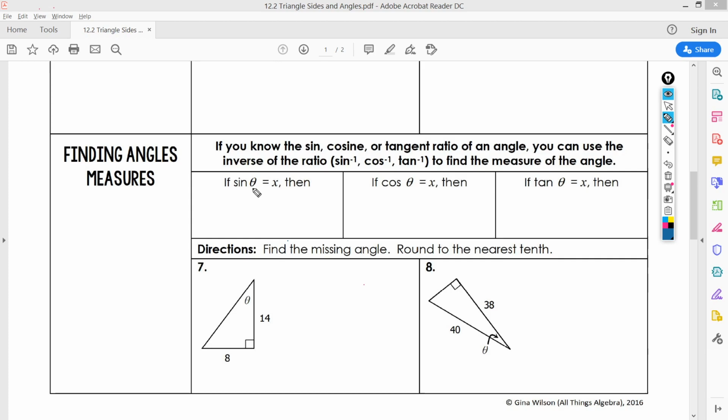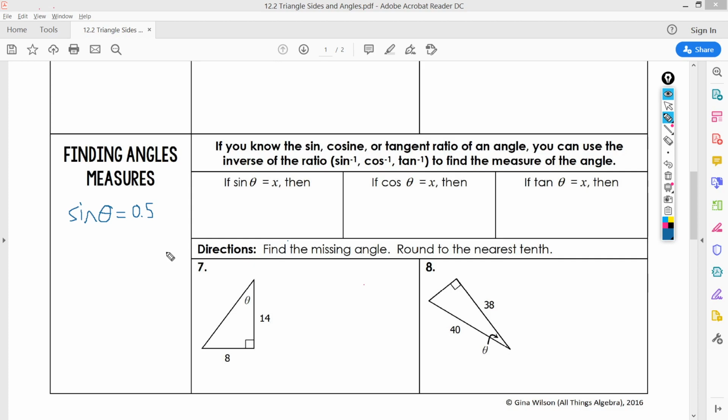What if I want to know what theta is? Like what if I have sine of theta equals 0.5? What do I do with that? What if I say, what's theta? If I know that sine of theta is 0.5, shouldn't I be able to figure out what theta is?